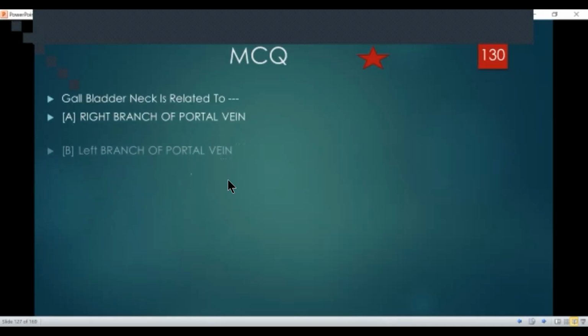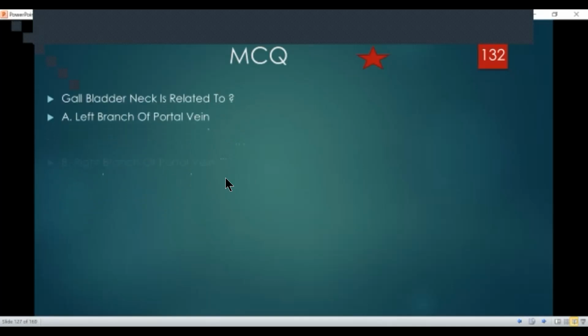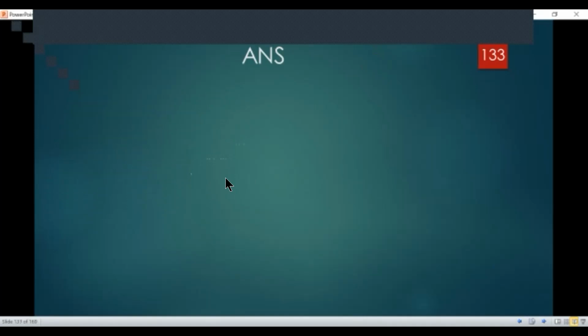Gallbladder neck is related to, it is the right branch of the portal vein. Gallbladder neck is related to the right branch of the portal vein.